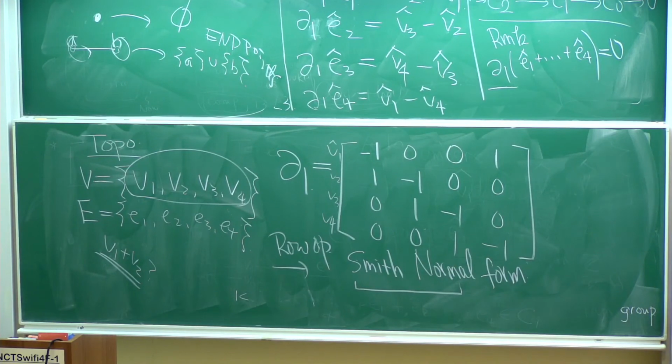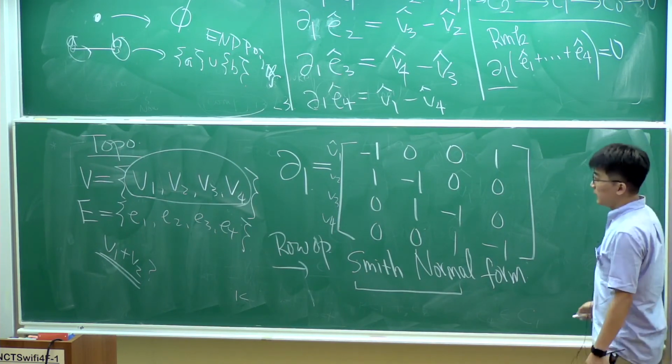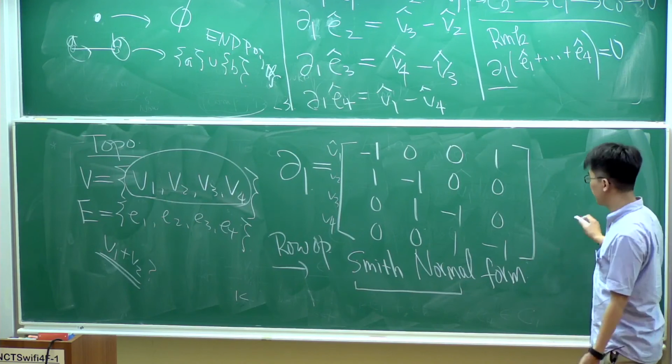A quick way to explain this is that it is the integer version of Gaussian elimination. So you can do row operations on this integer matrix with integer coefficients.